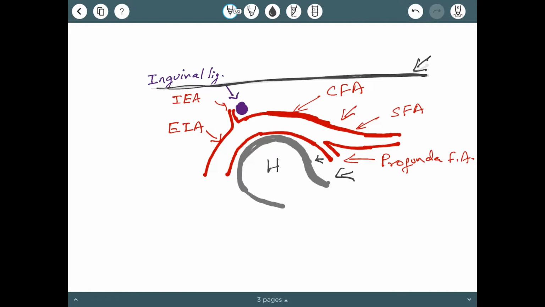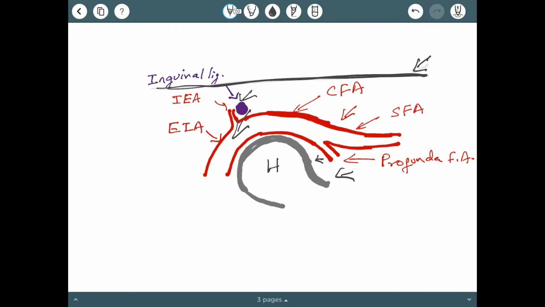But the bigger problem happens when you're puncturing very high. Suppose you puncture very high, like for example here, above the head of the femur, what could be the problem? Anatomically, the external iliac artery, when it continues as the common femoral artery, ascends over the femoral head.